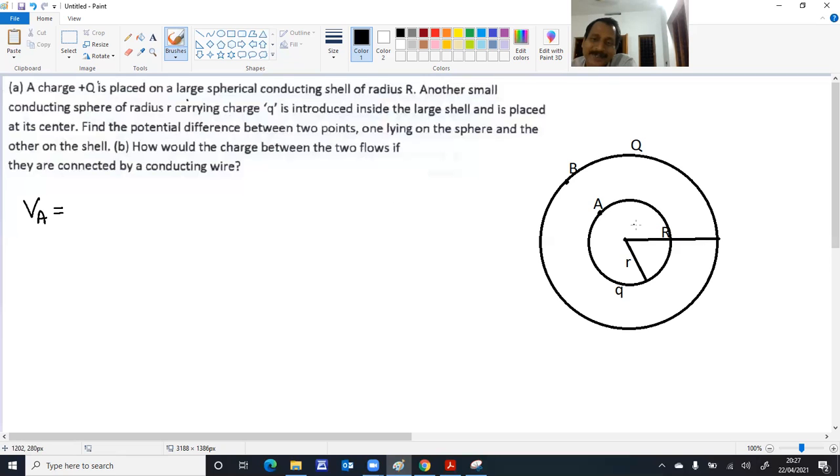Sonika, can you continue? Yes, sir. The first one will be on the sphere A, and the second one will be what is influenced by B on A. So the first one will be sigma r by epsilon plus, for the big sphere, sigma R by epsilon.